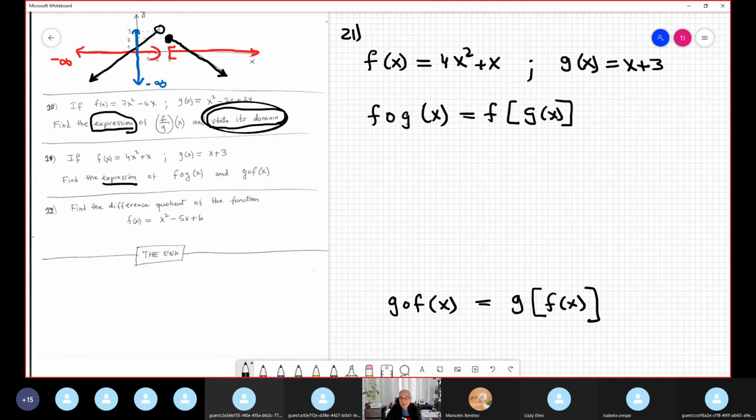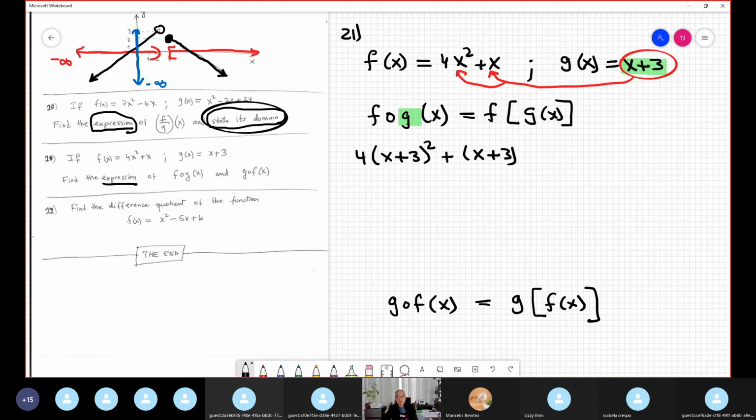Okay, nice. You take this one, g, this, and you substitute here and here, in f. Okay, entonces therefore it is 4 times (x plus 3) squared plus x plus 3. This is this.